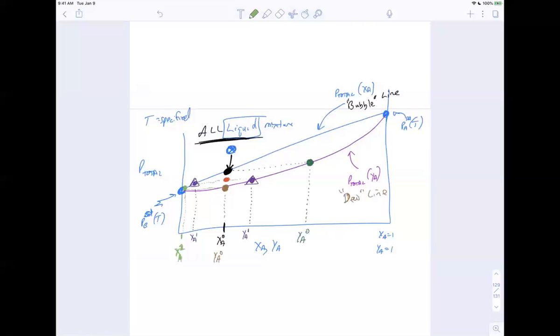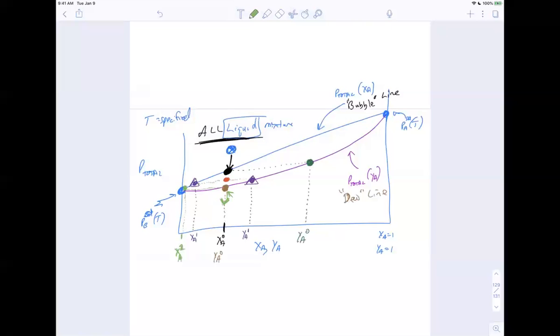Okay, and now if we start at this point and keep decreasing the pressure, what's going to happen? What's going to be left? Anyone want to take a guess? All in vapor phase. Yep, that's exactly right, Sheldon.